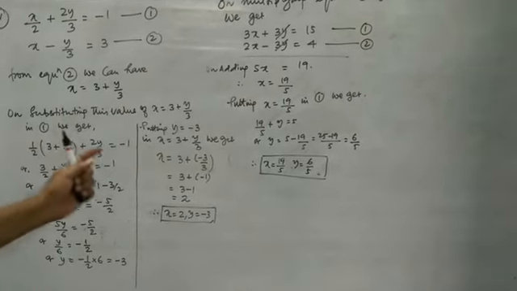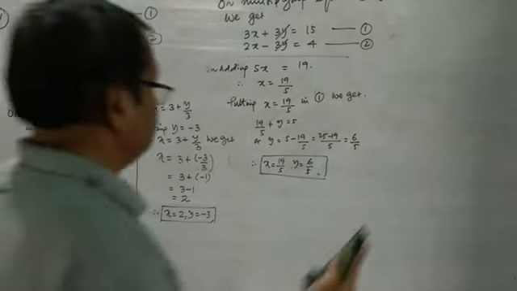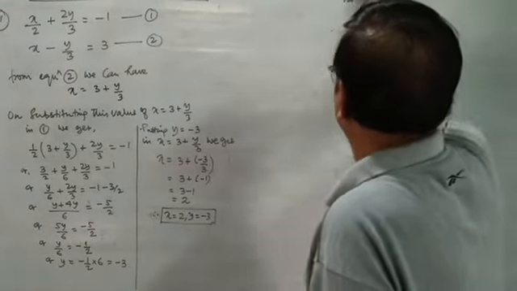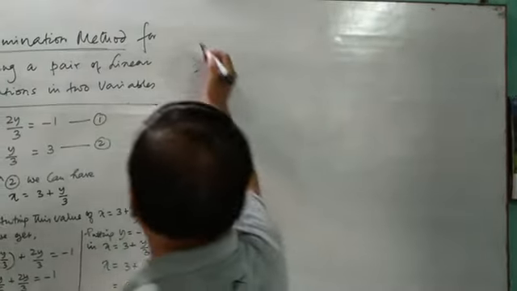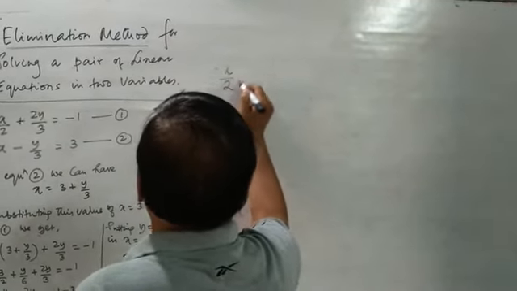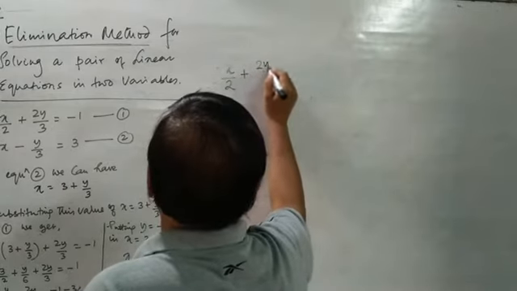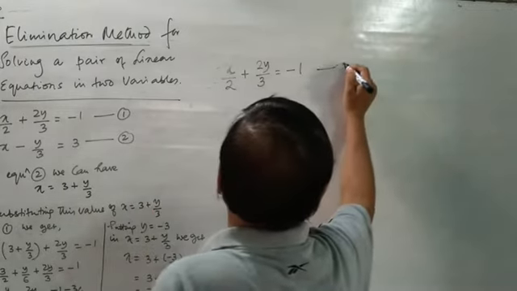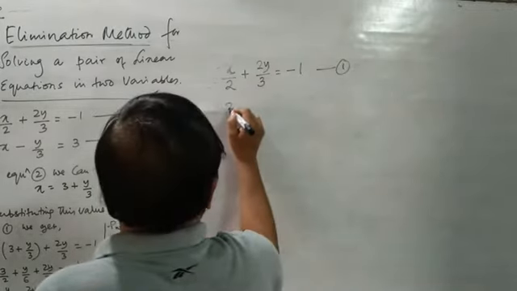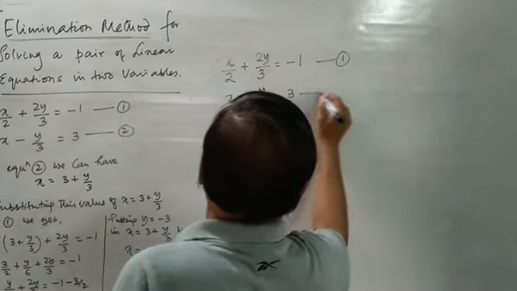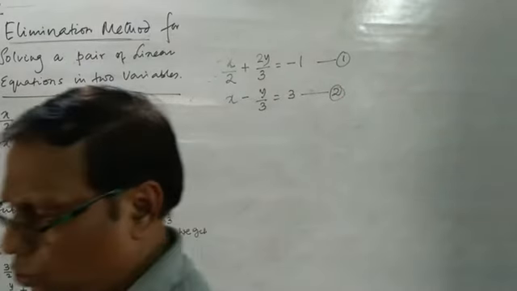Now this we have done with the help of the substitution method. Now the same question we will solve by the elimination method that right now I have taught you. Our first equation, again I am writing, is x by 2 plus 2y by 3 is equal to minus 1, call it equation number 1, then x minus y by 3 is equal to 3, call it equation number 2.